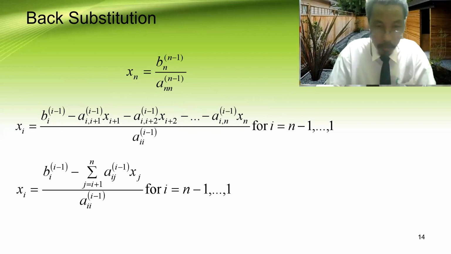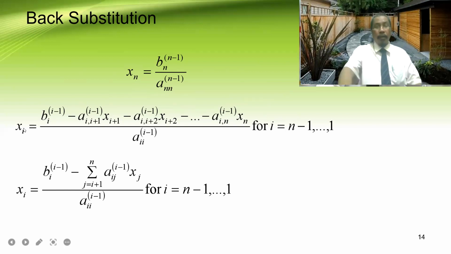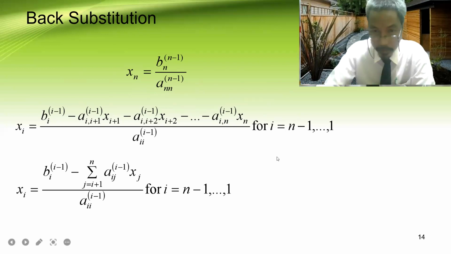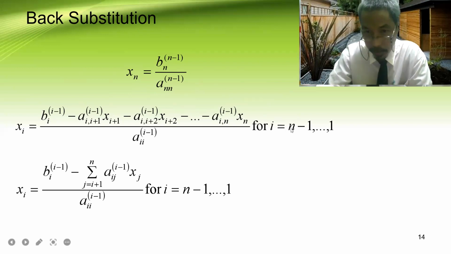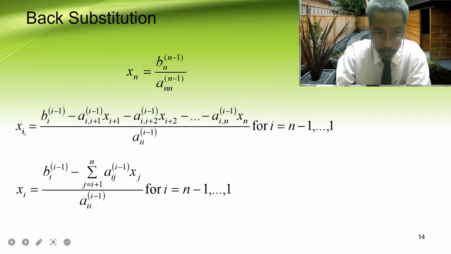For example, if you are going to solve for x_(n-1), you put i equal to n-1. So i goes n-1, n-2, n-3, up to 1, going backwards.